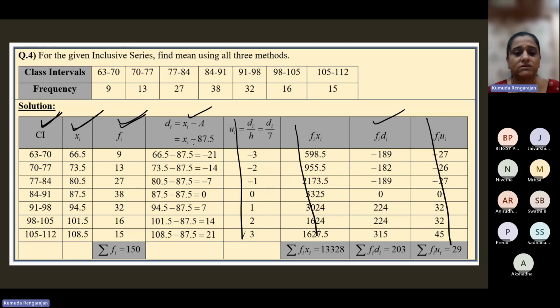Then from the XI column, I have taken 87.5 as the assumed mean. And I found the deviations from the assumed mean. All right. Then the FIDI values. So you can take a screenshot of this one.